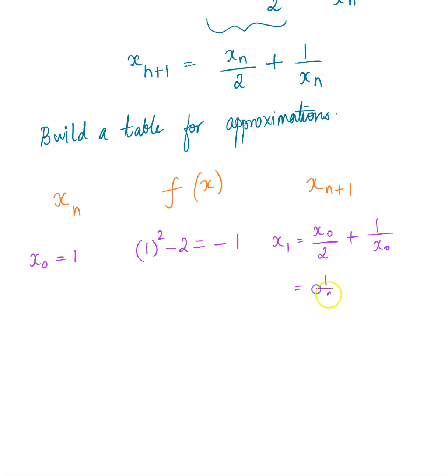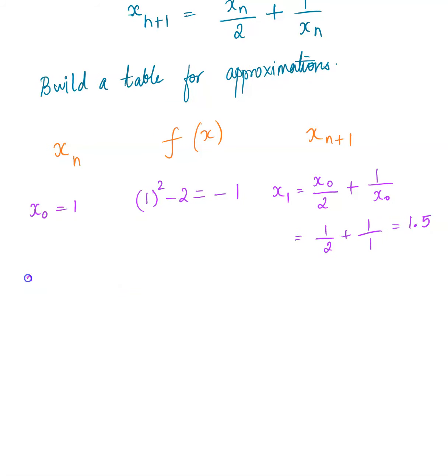X naught is 1, so half plus 1 over 1. So half plus 1, which is 1.5. We want to keep them as decimals because it's just a computation to the approximate value, so it doesn't have to be in fractions. It's a lot easier when you keep them as decimals for computation. So your x1 now is 1.5.